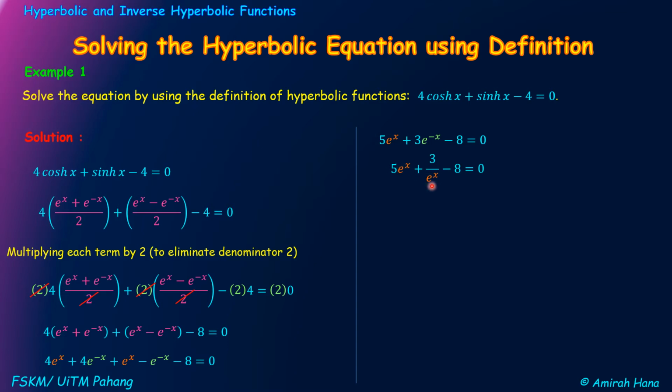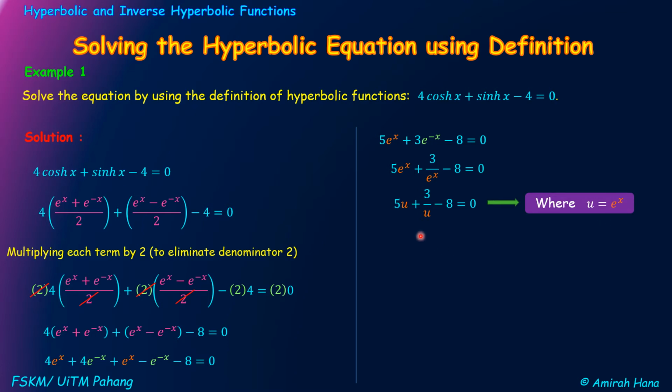We have the same term now: 5e to the power of x plus 3 over e to the power of x minus 8 equals 0. When we have the same term, we can write 5u plus 3 over u minus 8 equals 0, where u equals e to the power of x.